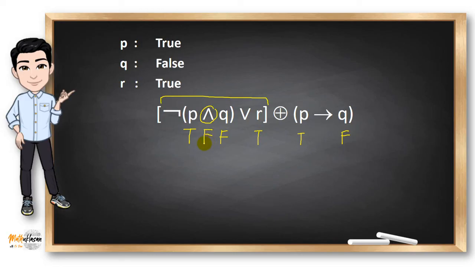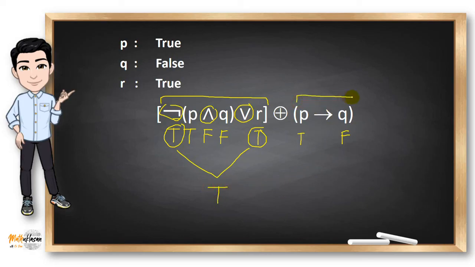After getting false, I need to negate this by following this operator here. So we have the negation of F as true. After getting the negation, I need to pair this up with the value of R here using the disjunction operator. So true or true, the answer here is true.